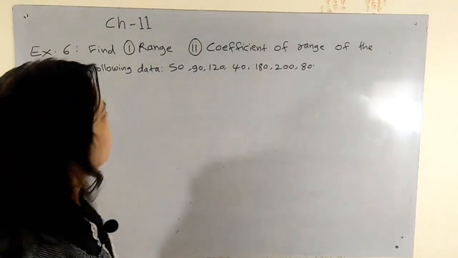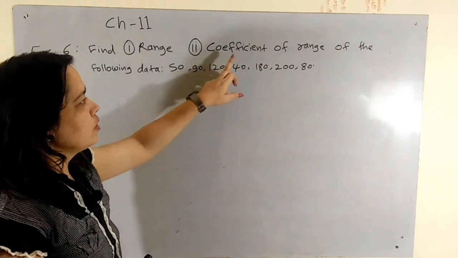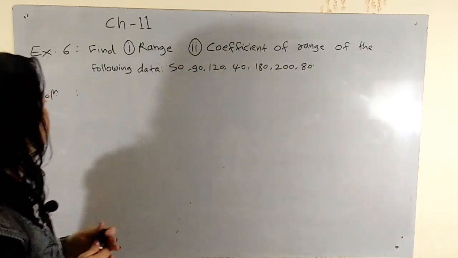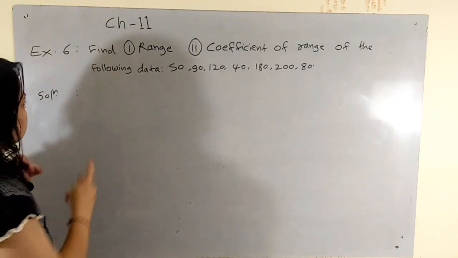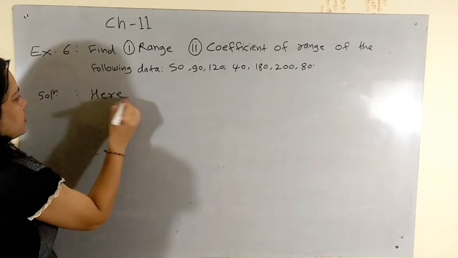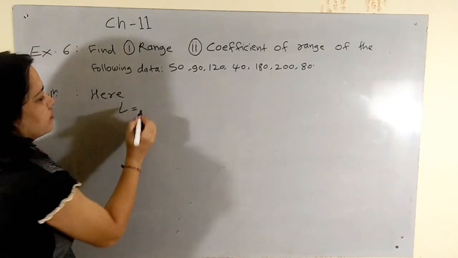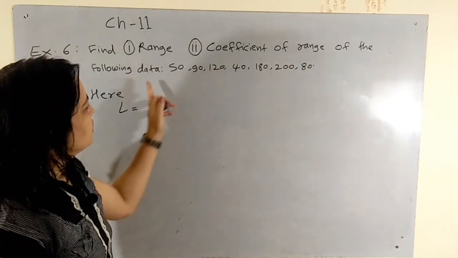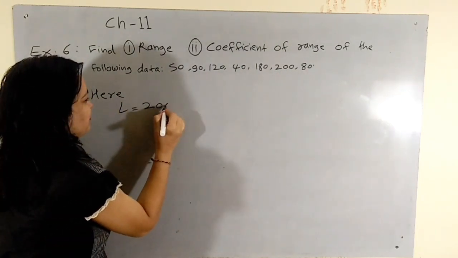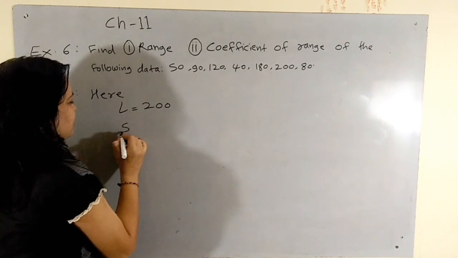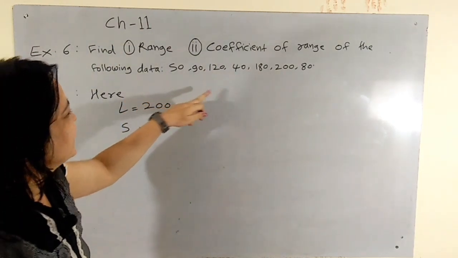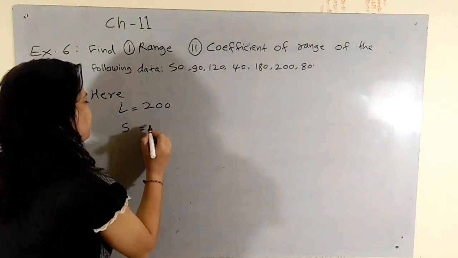Now the next example is: find range and coefficient of range of the following data. Data is given here. So here L means largest value, which is equal to 200, and S means smallest value, which is equal to 40.